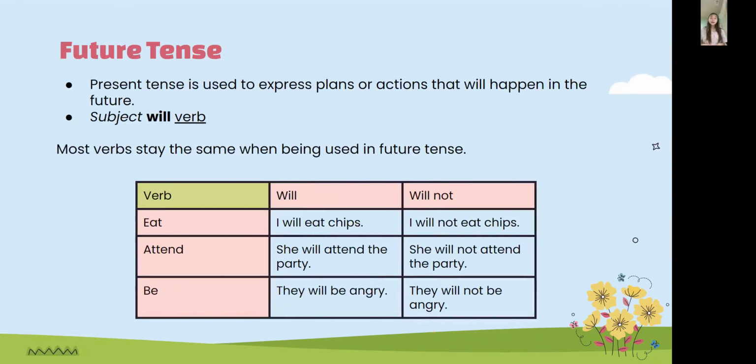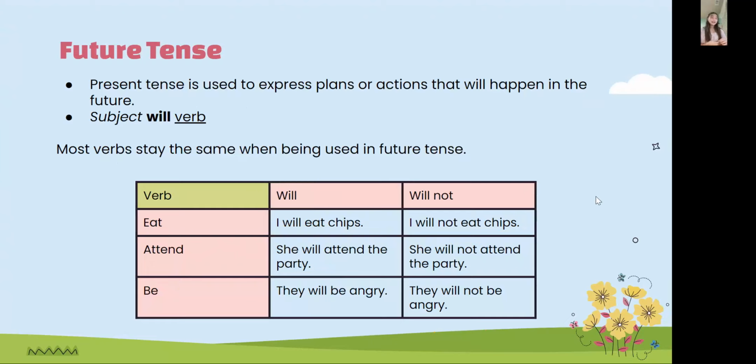Now we're working on the future tense. When we were doing our discussion question, Lucy was very good with the future tense. Good job, Lucy. The future tense is when you use will plus a verb.